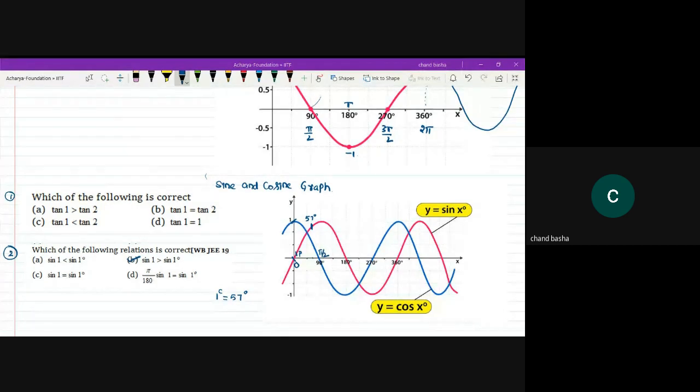Any other doubts? Sir, that means we can take 1 radian is equal to 58 degrees also, sir. 57 point something approximately, I proved it in the previous class. Can we take 58? No, you cannot take 58 degrees. Approximate values you cannot take.